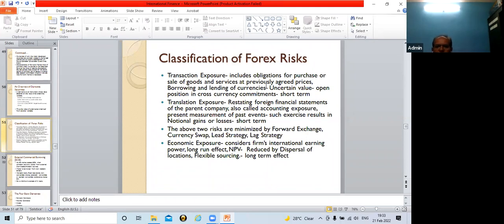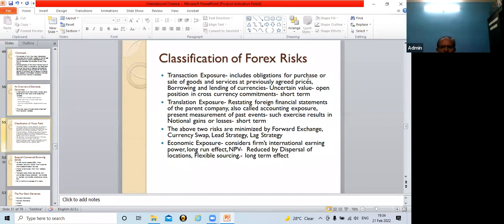Whatever price is decided in the earlier stage, that price is considered as previously agreed, and borrowing and lending of currencies, uncertain value, open position in cross currency commitments. That is known as transaction exposure.